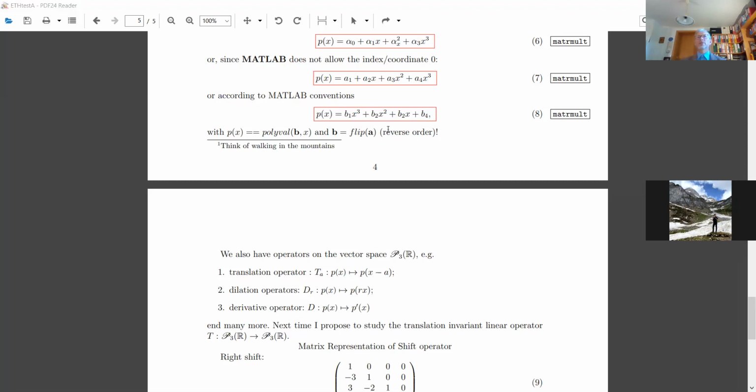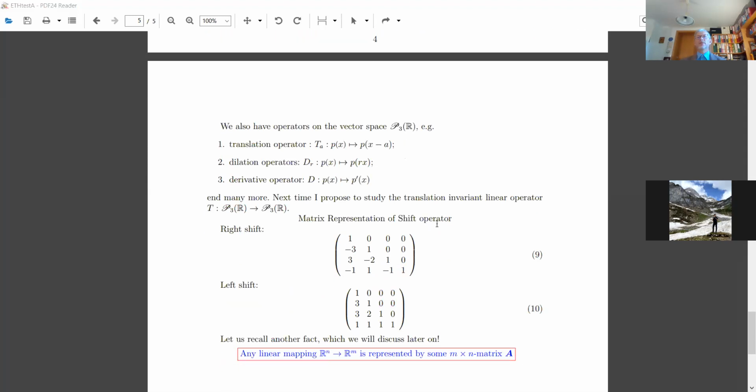How would you describe it if you work with polynomials? Such experiments I usually do with MATLAB, so I would like to choose the monomial basis in decreasing order. I would use cubic terms first, going down to order 0, and then the matrix looks like this.